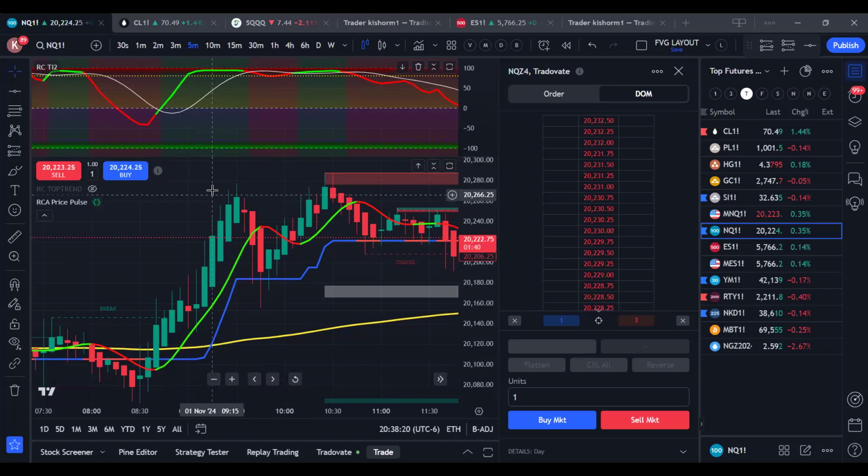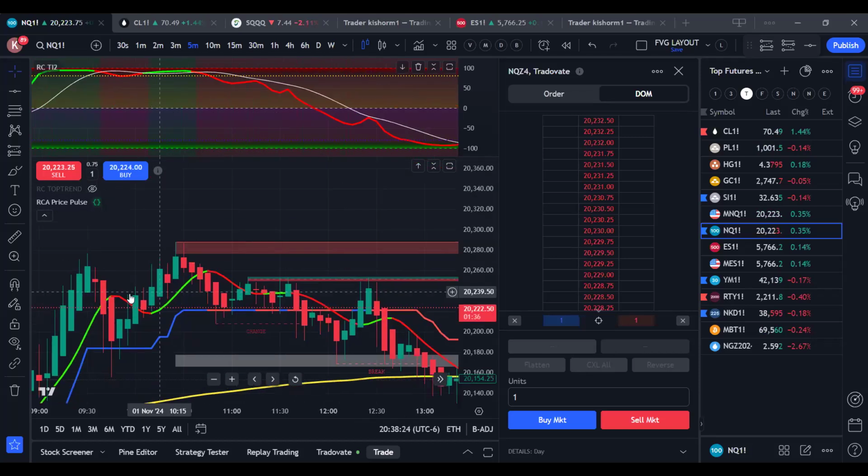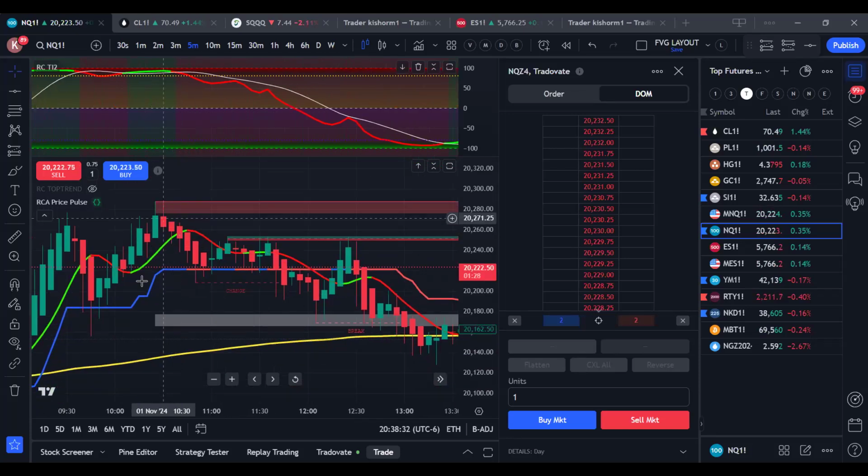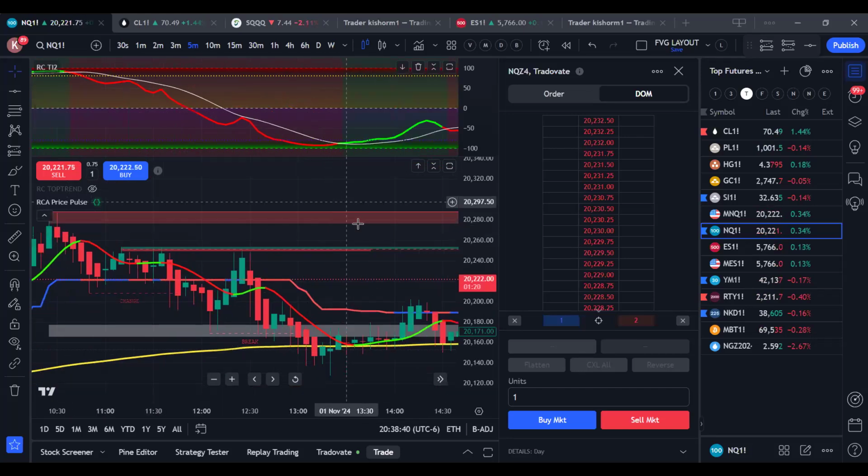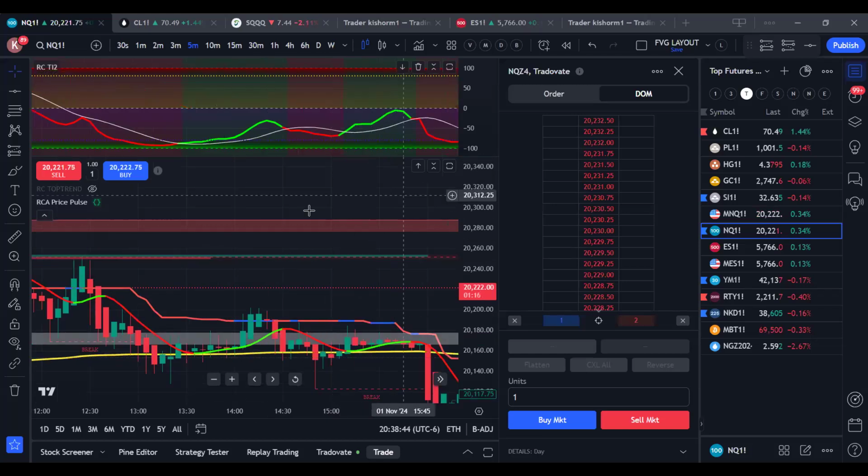Then it went all the way up, with a small pullback, and went all the way to the premium zone, to the resistance. Resistance is the same thing. Initially, it went to the resistance, came down, and touched the order block one more time. This premium zone is nothing but a big order block or a resistance zone with a lot of sell orders.